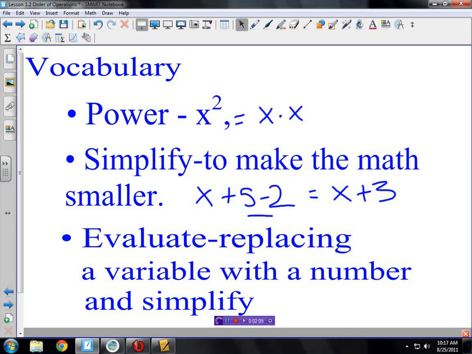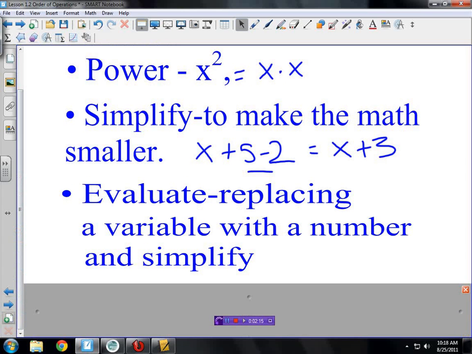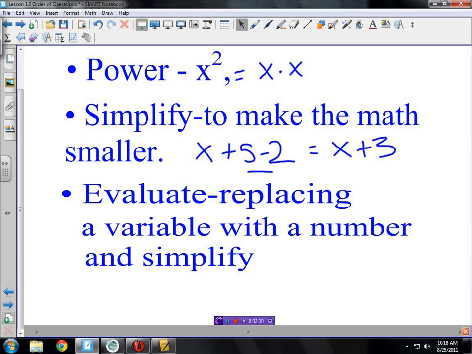All right. So if I was going to evaluate, and let me get some more space. There we go. All right. And I'm going to take what we had up here, that x plus 3. And I want to evaluate when x is equal to 2.